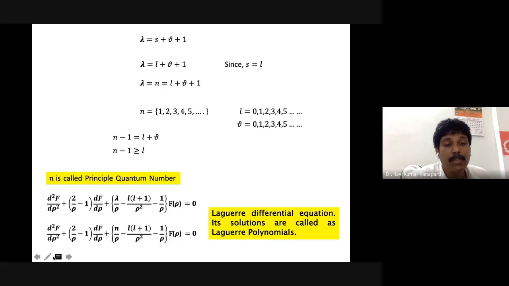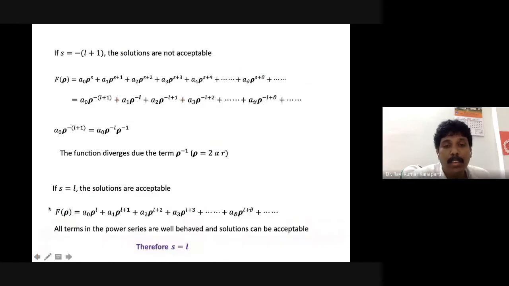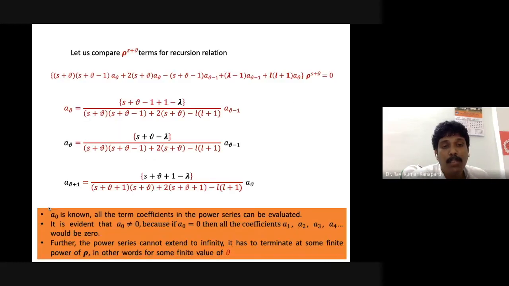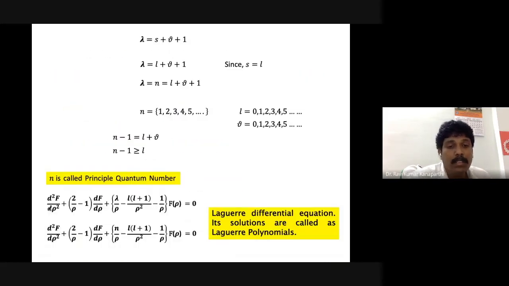In this expression, we realize that lambda is nothing but the quantum number n, so you can replace it. After replacing, this equation is exactly similar to a very famous equation, which we call the Laguerre differential equation.